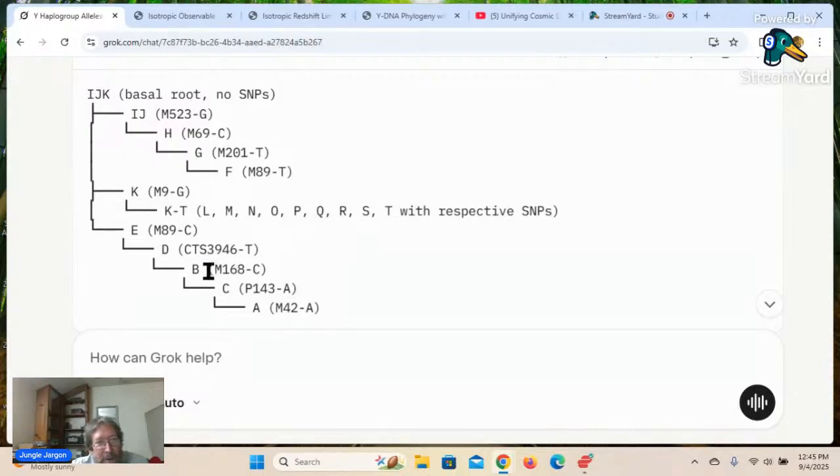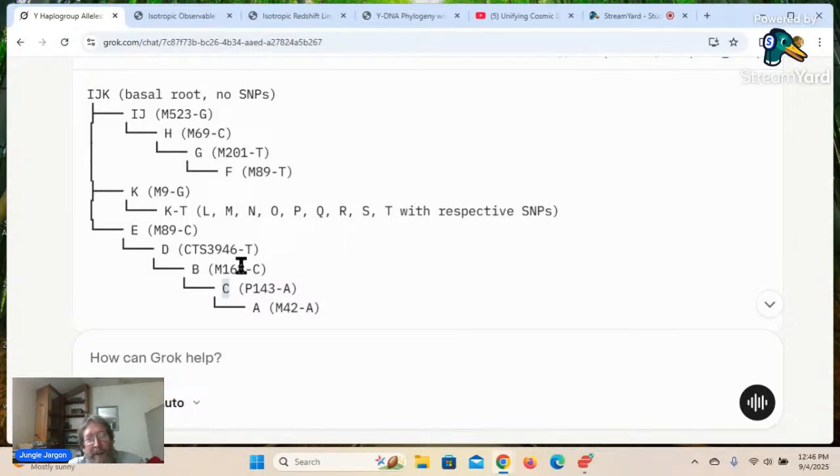Now this M168 was T and C. I don't know why it has another identifying marker for C, but C had the M168 C, T, which changed to C and B. But that's a little quirk there, because Nimrod, C, remained in Mesopotamia.